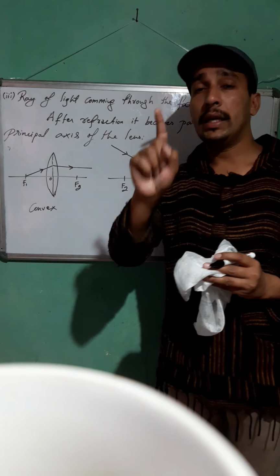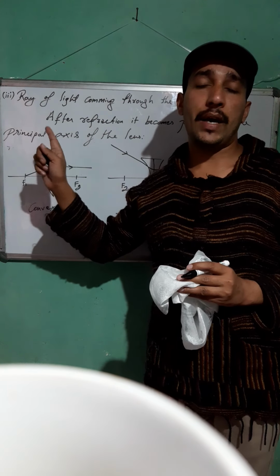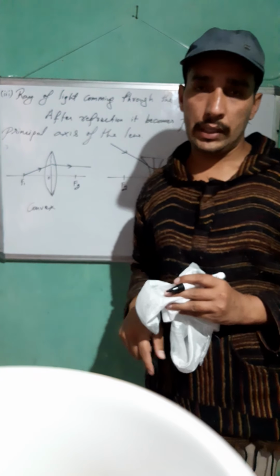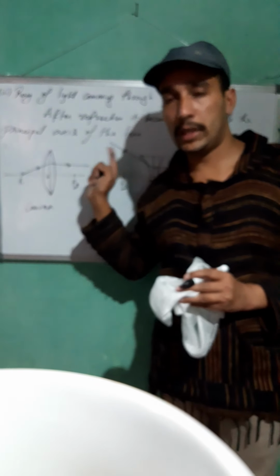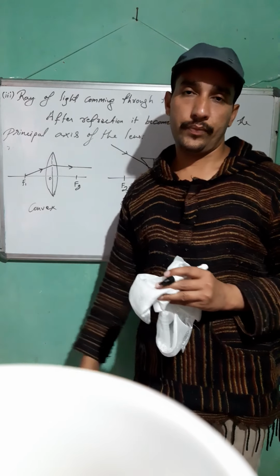First one, a ray of light striking or passing through the optical center passes without any deviation, in case of both lenses. Number 2, a ray of light coming parallel to the principal axis.